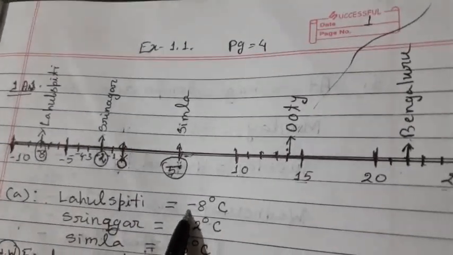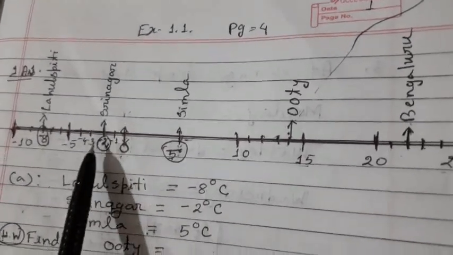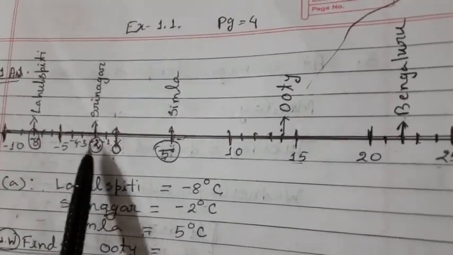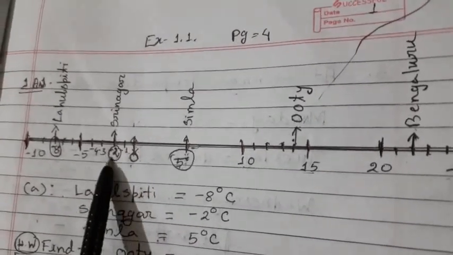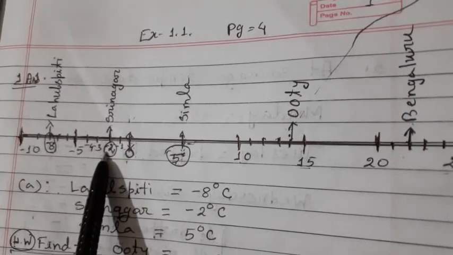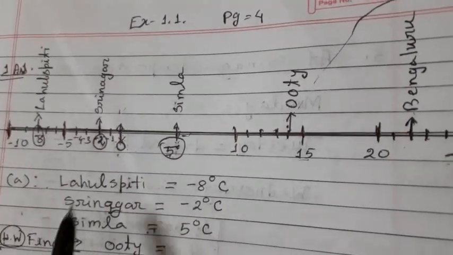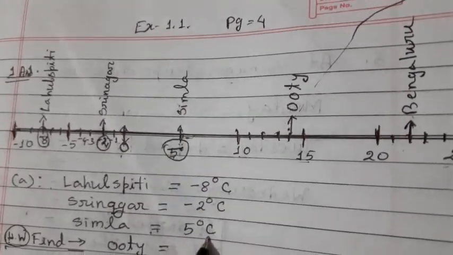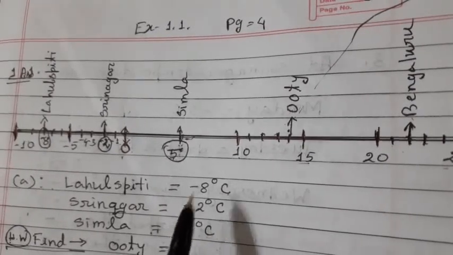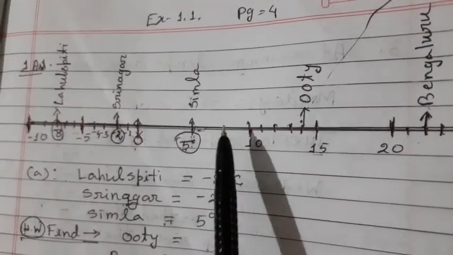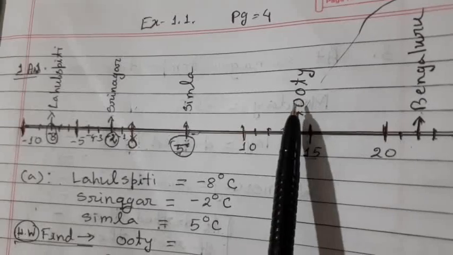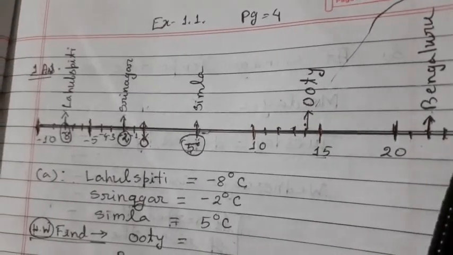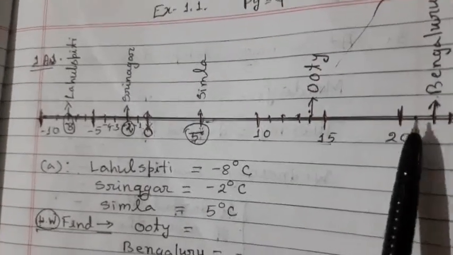Similarly, Singapore is also on the left side of 0. Therefore, this is also minus 2 degrees Celsius. Similarly, Simla's temperature is 5 degrees Celsius. I think you will also find the Ooty and Bangalore temperatures. You can do it yourself.